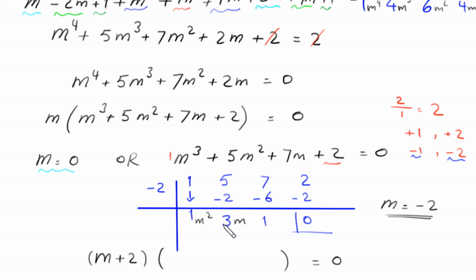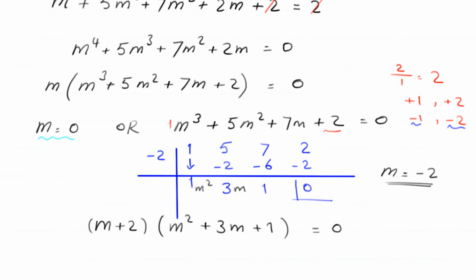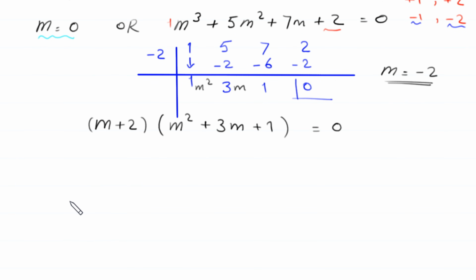So we get the expression m squared plus 3 times m plus 1. Now from here either this expression m plus 2 is equal to 0, or this expression m squared plus 3 times m plus 1 is equal to 0.